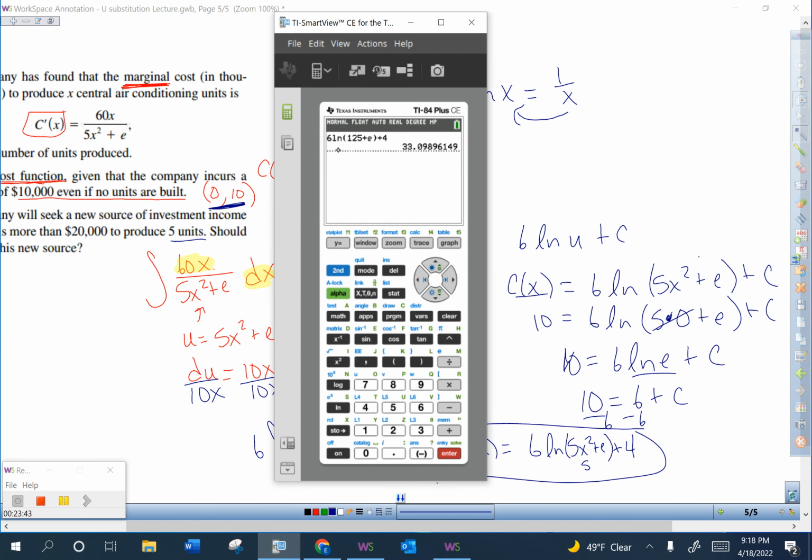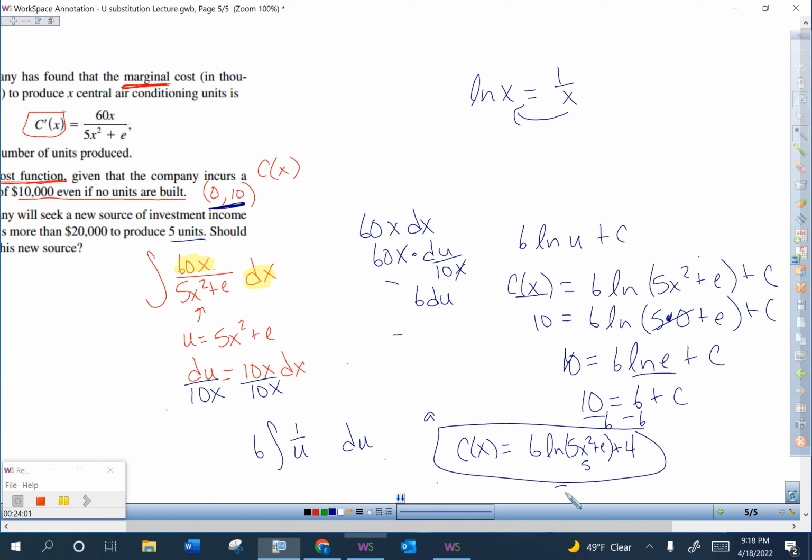Okay, I've simplified it here already. 6 natural log, your 125 plus our e, and this is 33. Remember, it's in thousands, so 33,000. So because 33,000 is greater than our 20,000, then I would say yes, they need to seek that new source of investment income.